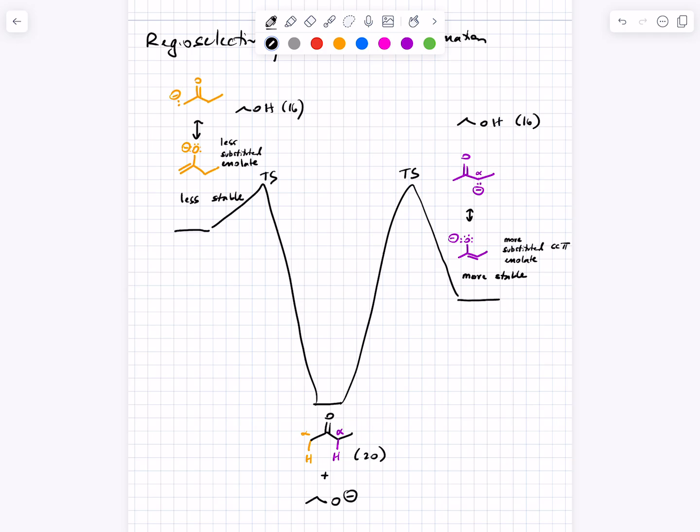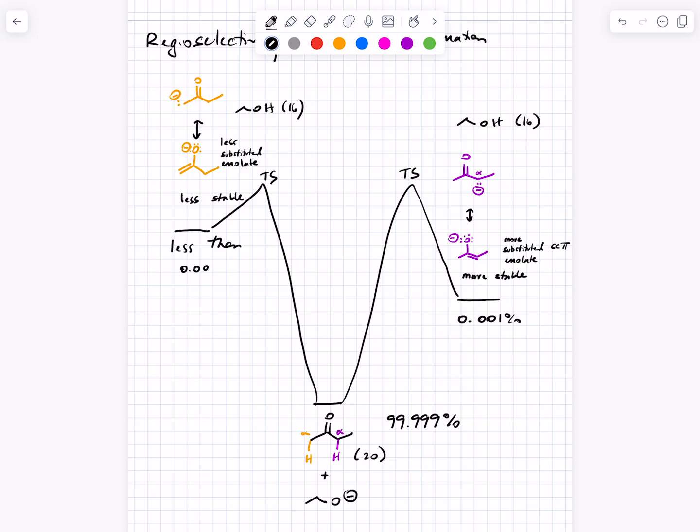Still, at equilibrium, we're going to have 99.999% of the starting material. But there's going to be a difference in the amount of enolate that we have. Here it's going to be 0.001%, and here it's going to be less than 0.001%. I'm not sure how much.